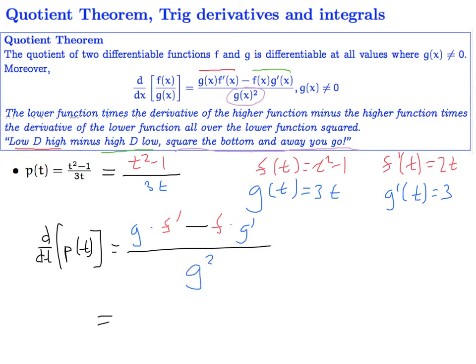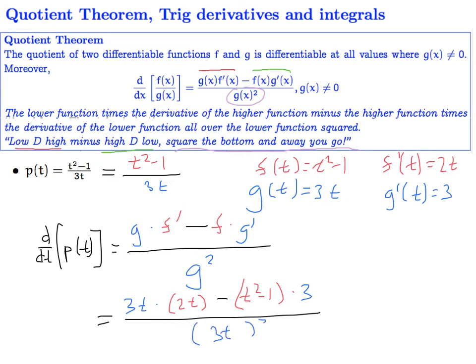And so here we have 3t times the derivative, which was 2t, minus the original f function, t squared minus 1, lots of parentheses going on here, times the derivative of g, which is 3, all over our original g function, 3t squared. So what we do is we really have this here.